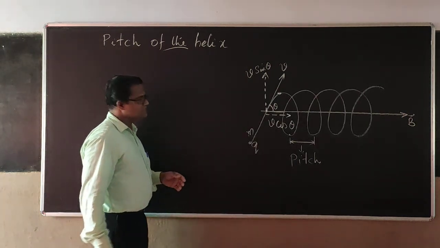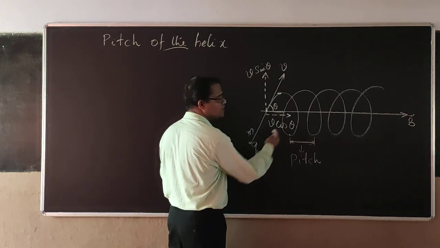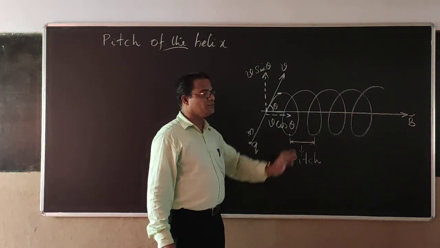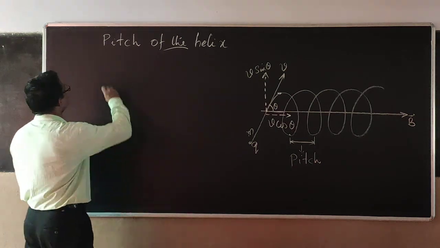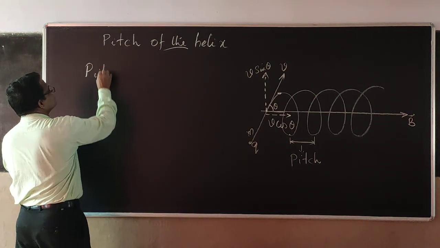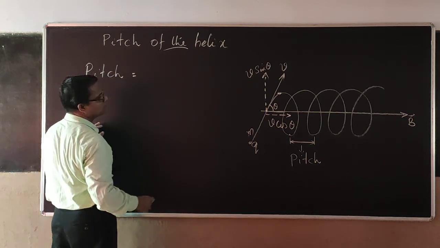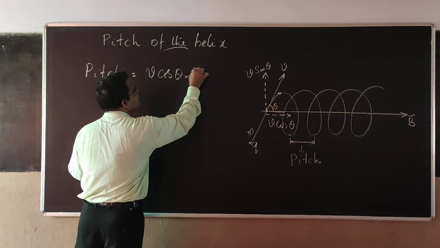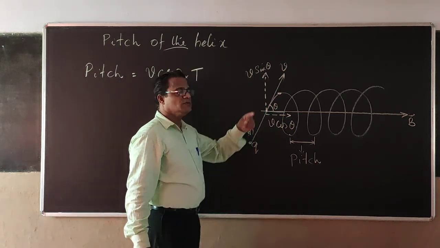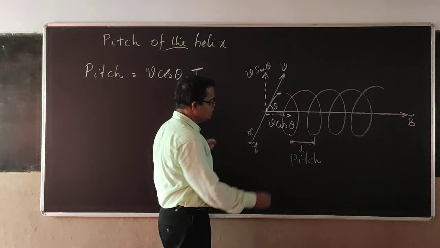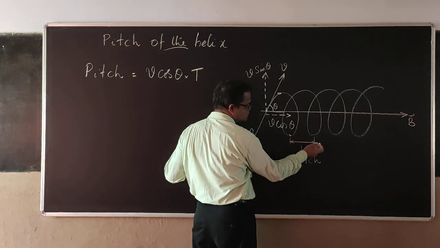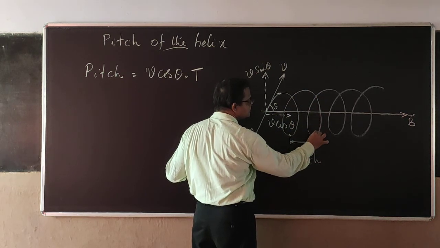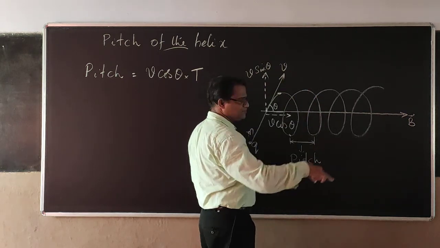Being the horizontal distance, that pitch depends on the horizontal velocity v cos theta. Now, v cos theta is uniform, and therefore the pitch will be equal to v cos theta into the time period of the motion of the particle, because as the particle moves along this horizontal distance, by then it will be completing one turn.